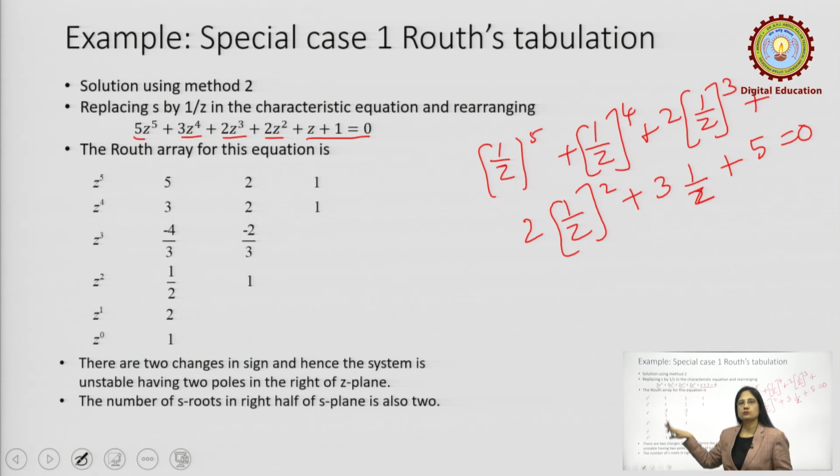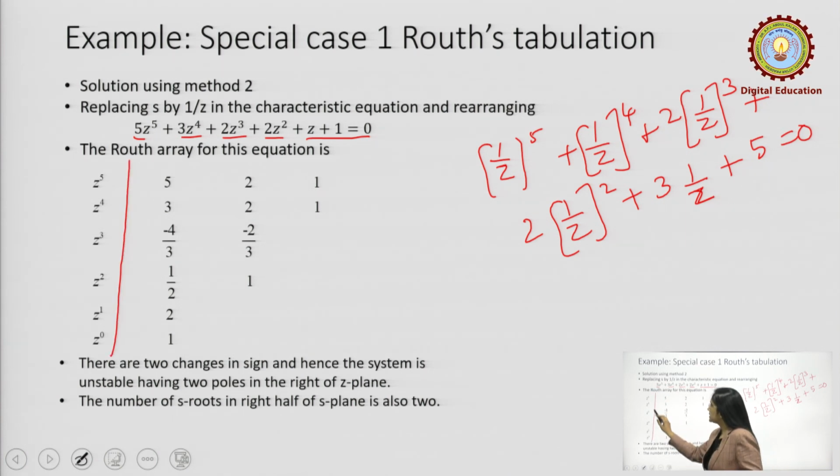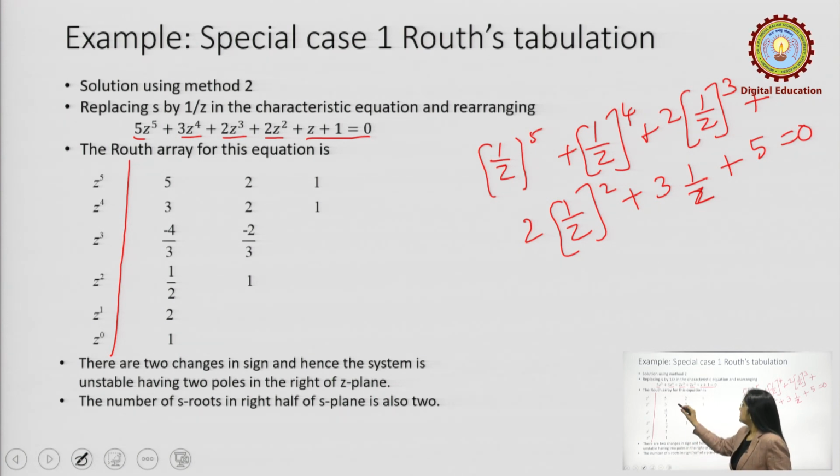We form the Routh array with the help of this in a similar way, and here we have Z5, Z4, Z3, Z2, Z1 and Z0. So, now we are checking this with respect to the Z domain. Here it is 5, 2, 5, 2 and 1, 5, 2 and 1.